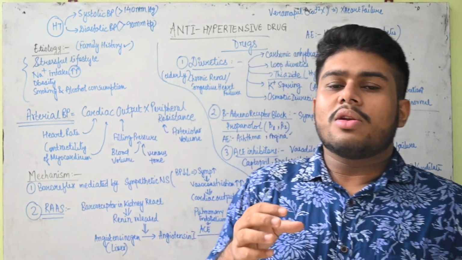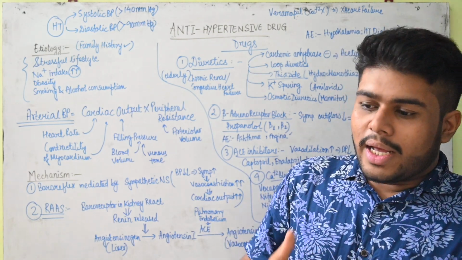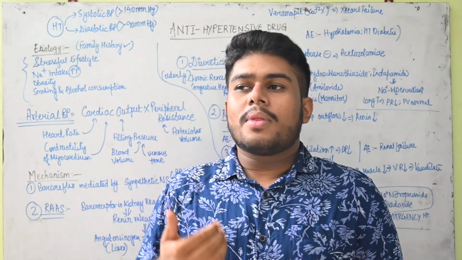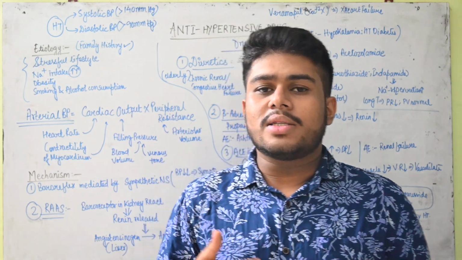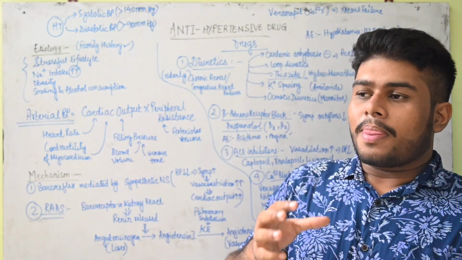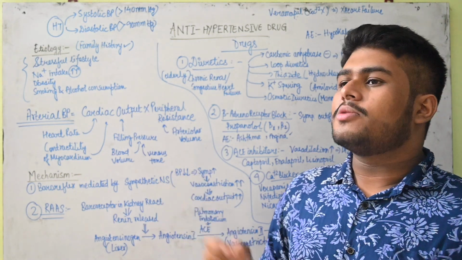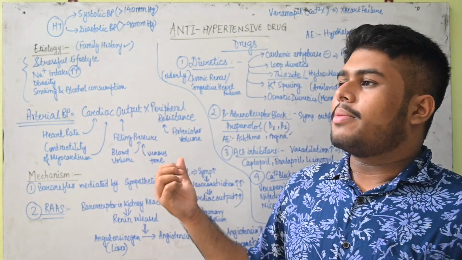Cardiac output depends on the stroke volume: in every cardiac cycle the ventricles pump blood, and that amount of blood comes out in each cycle.